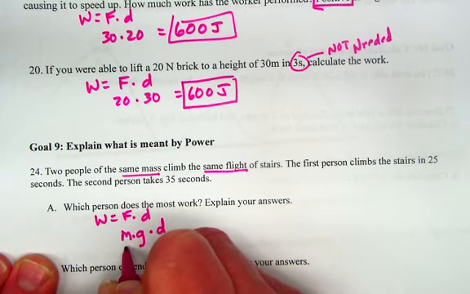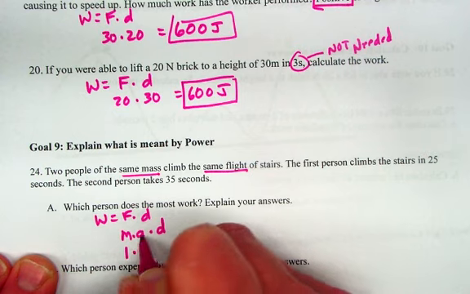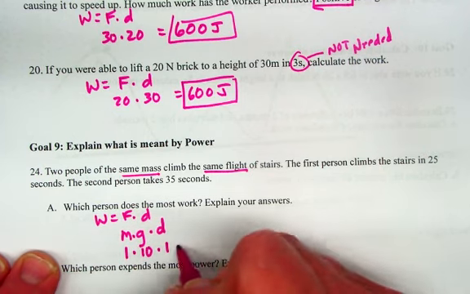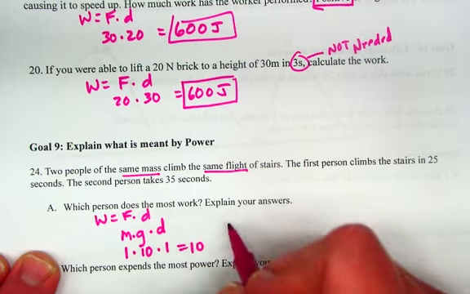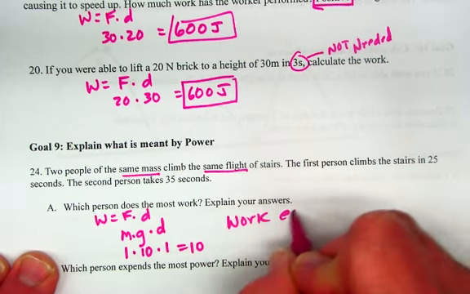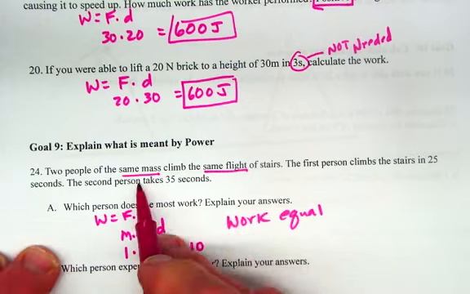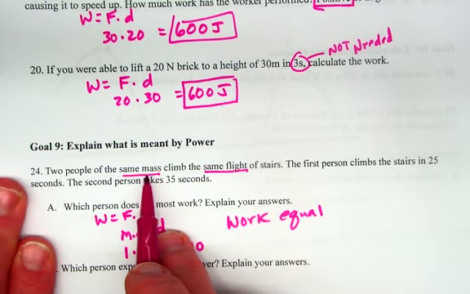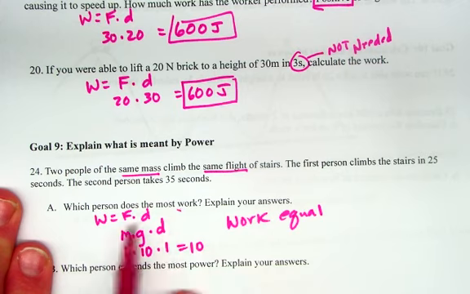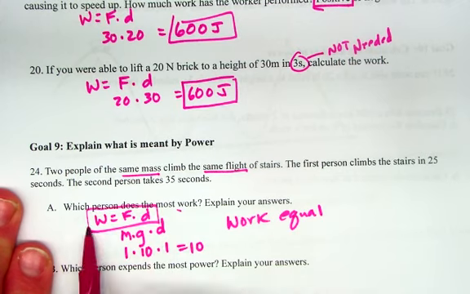If this is the same, let's say it's 1, g is 10, and the distance is the same for both of them, then the work is going to be the same for both of them. So the work is equal because they are going up the same flight of stairs, the same mass. There's nothing to do with time in the work equation. Notice that? So no time.